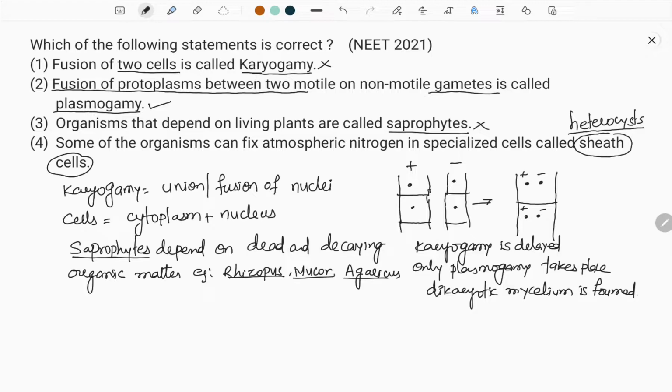They are found in especially the blue-green algae, like we have Nostoc, Anabaena. Both are blue-green algae, cyanobacteria. They fix atmospheric nitrogen by specialized cells called as heterocysts.